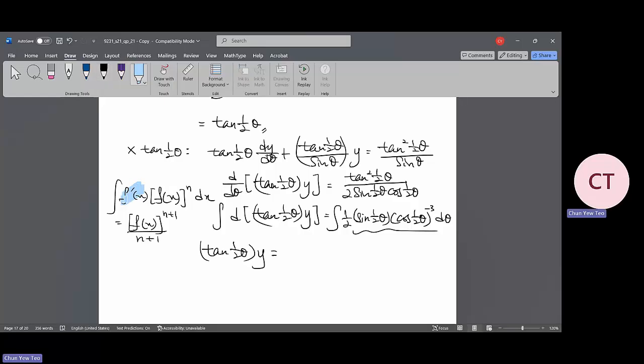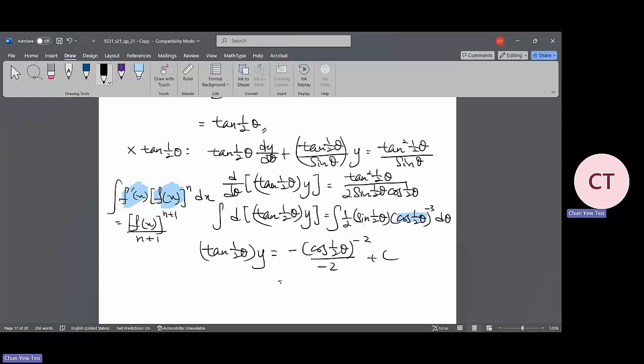Make sure that this is the f prime and this is the f. Your f is cos half theta. Cos half theta differentiated will give you negative half sine half theta. Oh, there's a negative. So over here, you integrate, you will get negative cos half theta to the power -2 divided by -2 plus c.